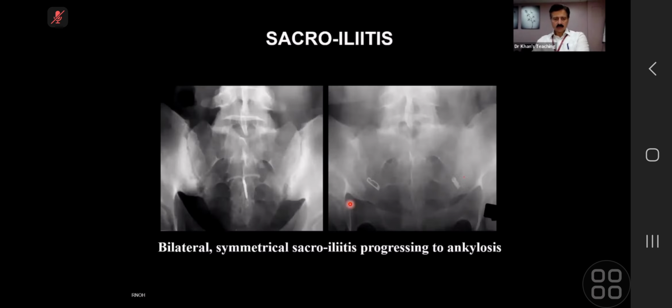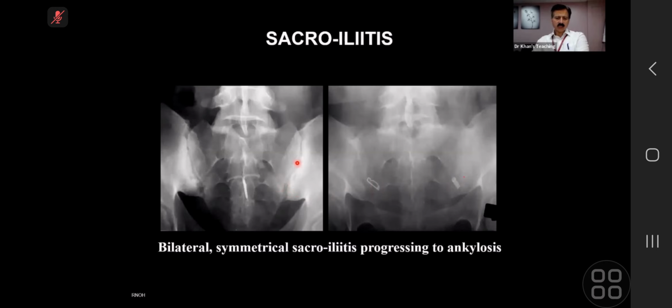Now, this is a case of Eng-Spawn. Over the years, you can see how there is ankylosis, and you can see that there was an IUCD. Now there are tubal ligation clips in the same patient. So this is just to show you how.